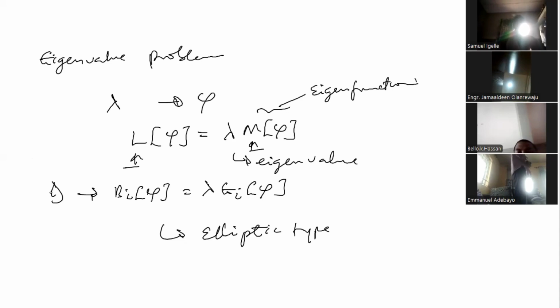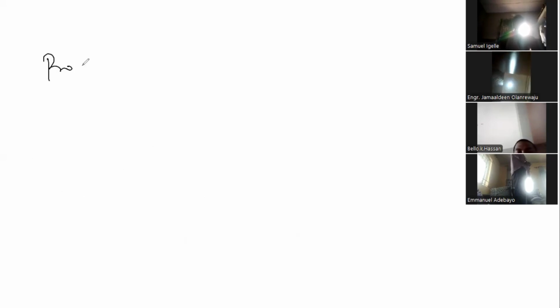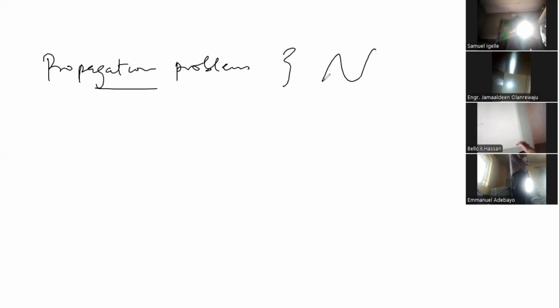And now we also have one more, which is the propagation problem. I'll call these the initial value problems, and they equally have an unsteady state or some transient nature. So we cannot really say it's steady state, but there's some transient.